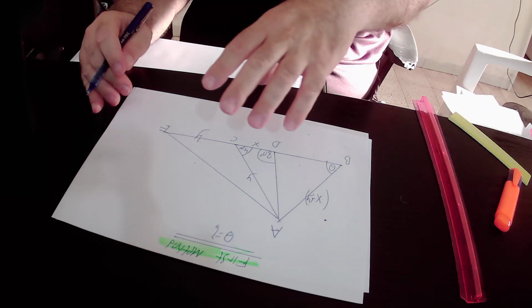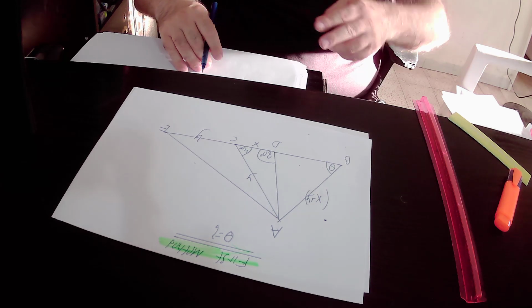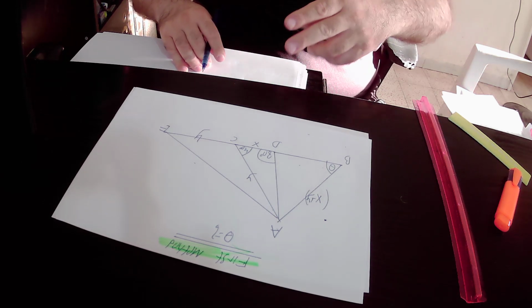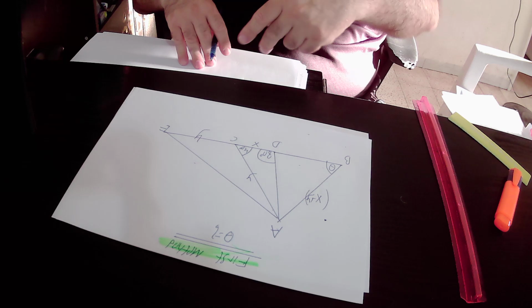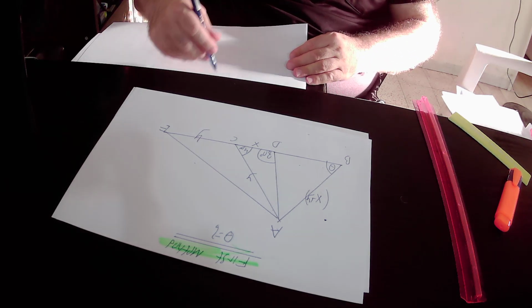So we created triangle ACE. I'll copy triangle ACE to a new page and we'll analyze it.